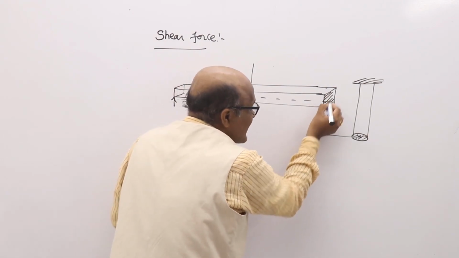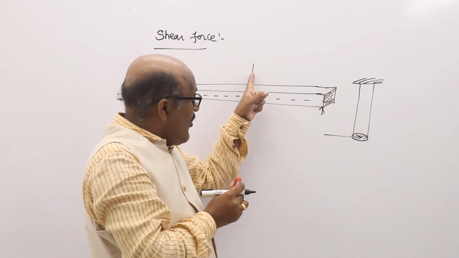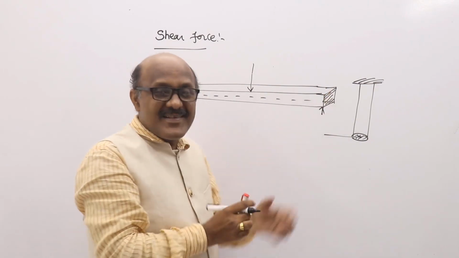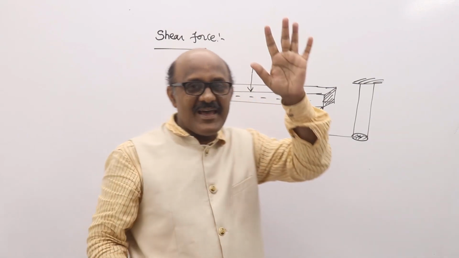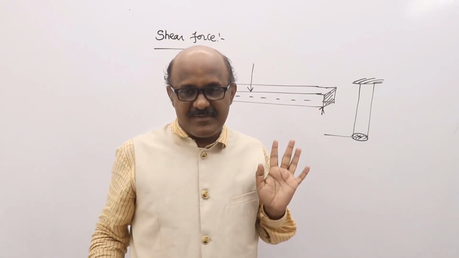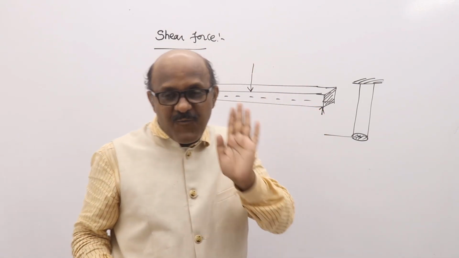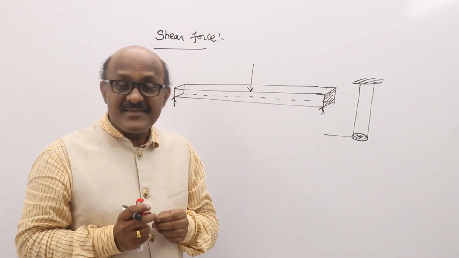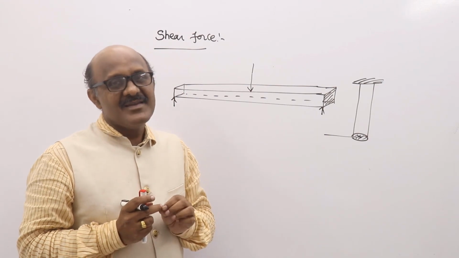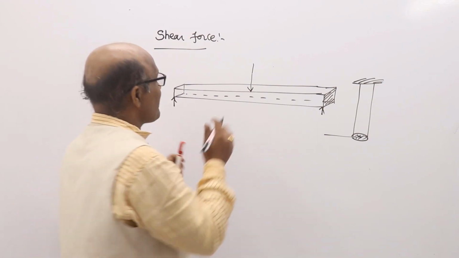This load is acting parallel to this cross section. So, this force is called a shear force. When a force is acting parallel to the cross section, such a type of force is called a shear force.